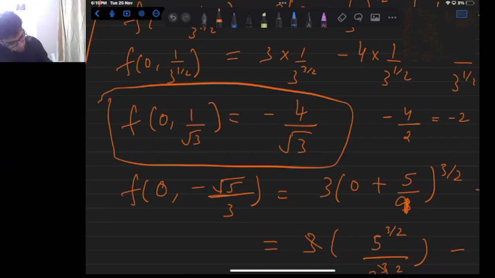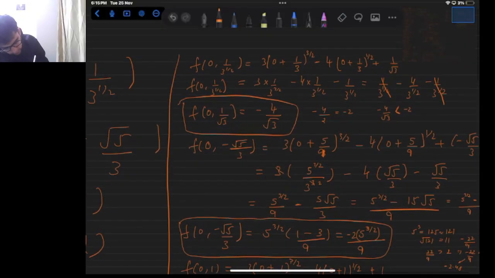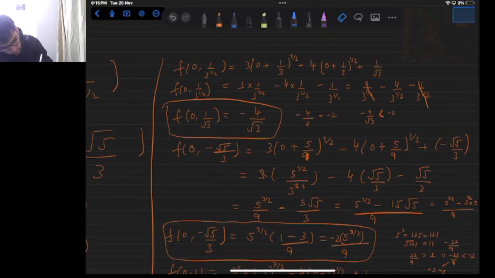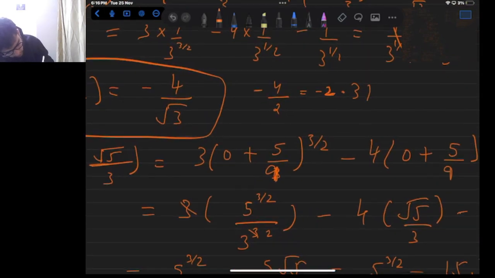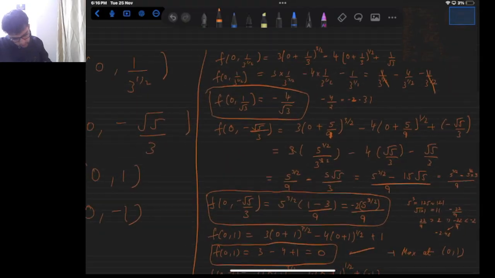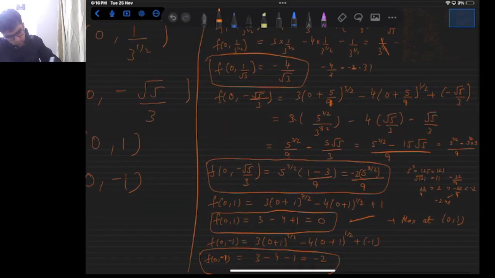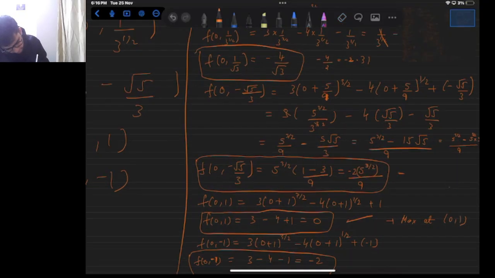So this value is approximately equal to negative 2.31, and this value is equal to minus 2.48.